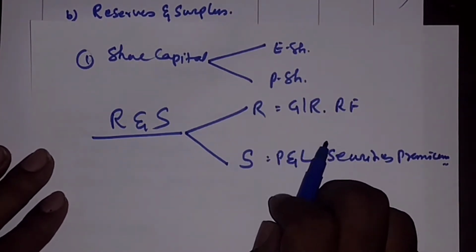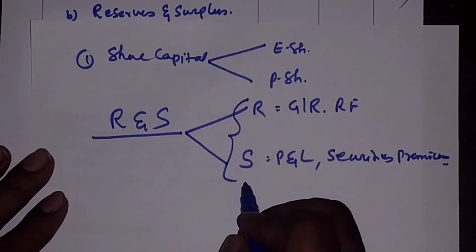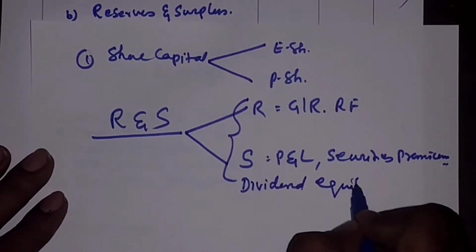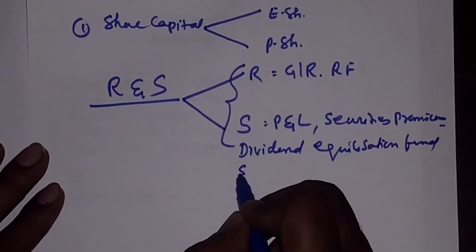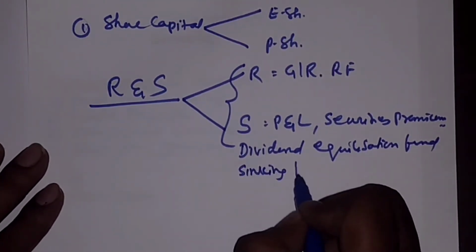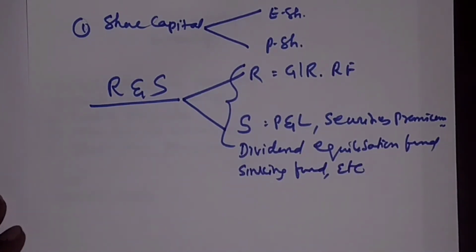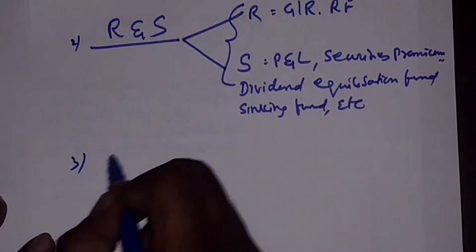Reserves and surplus together will also include some other entries: dividend equalization fund, sinking fund, etc.